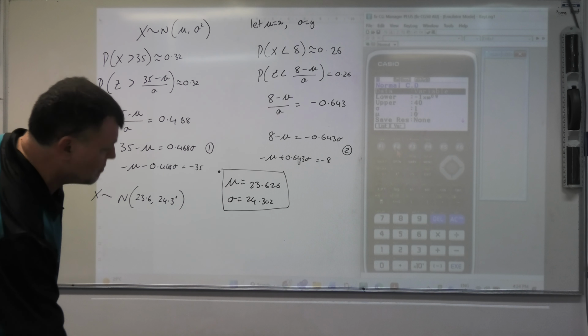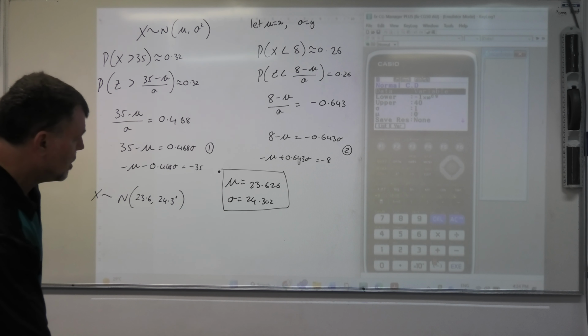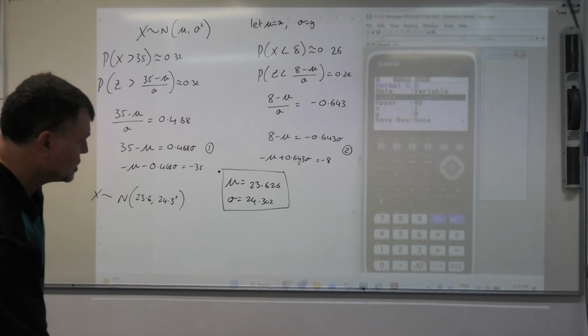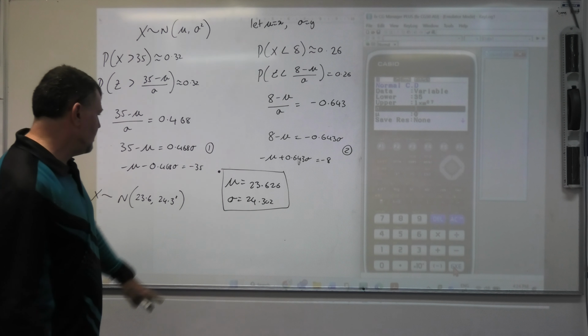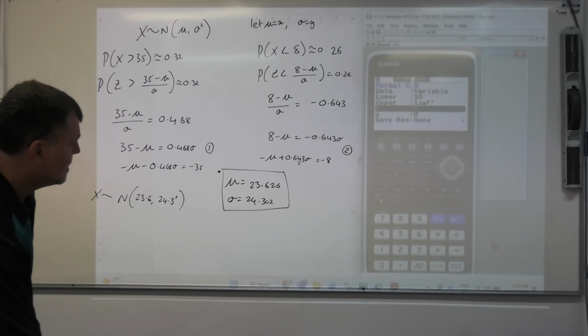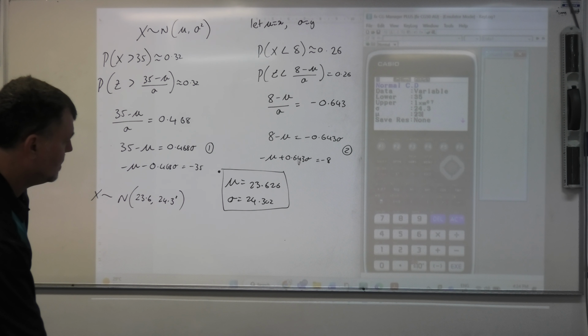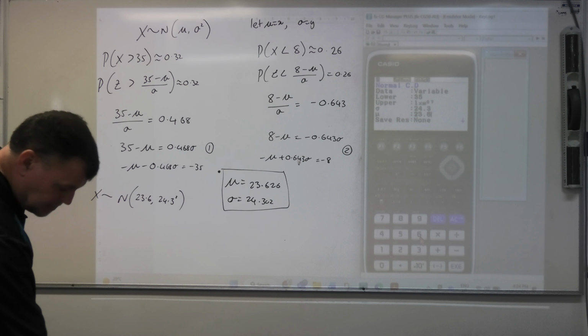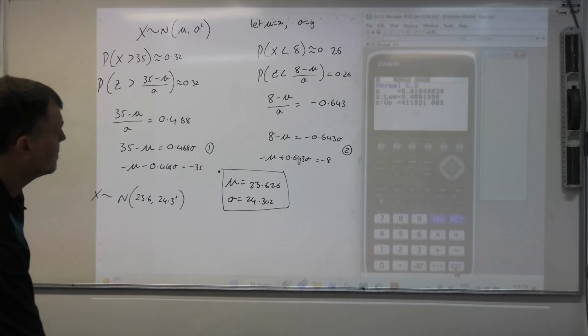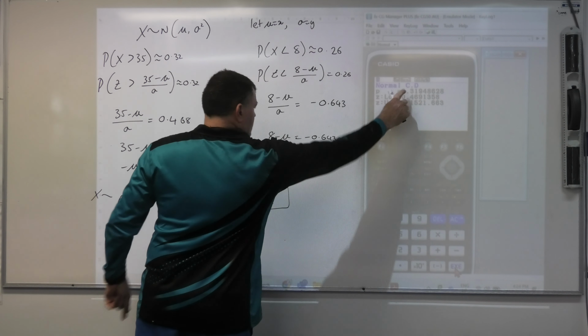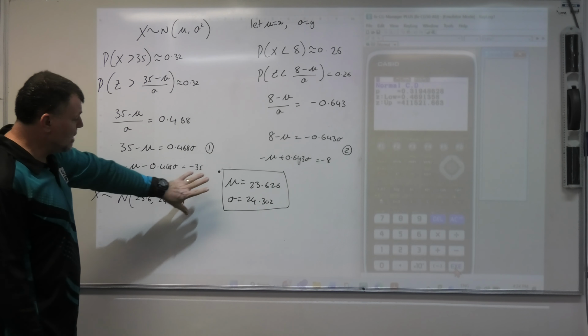We're looking for greater than 35, so 35 is the lower bound, and the upper bound is a big number with a lot of zeros. Our deviation was 24.3 and our mean was 23.6. Let's press execute and see what we get. We get approximately 0.32, so we now know that's correct.